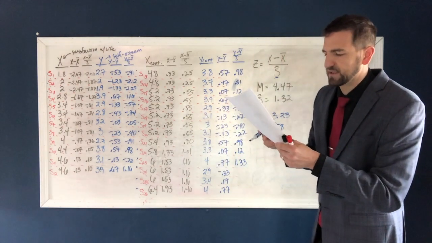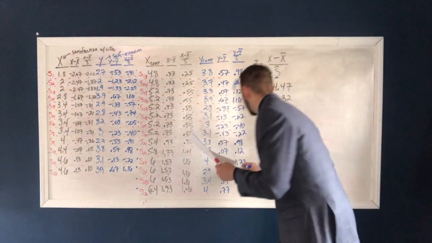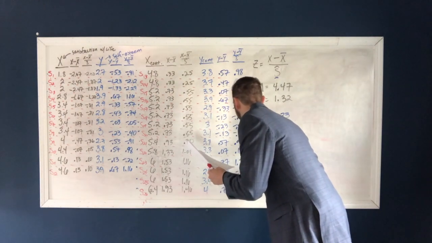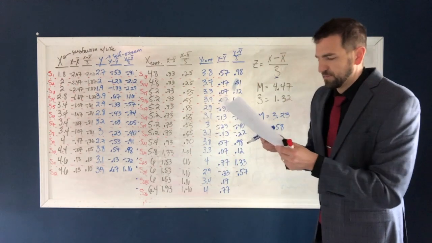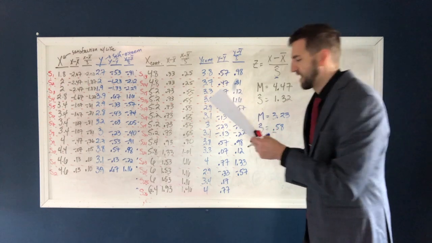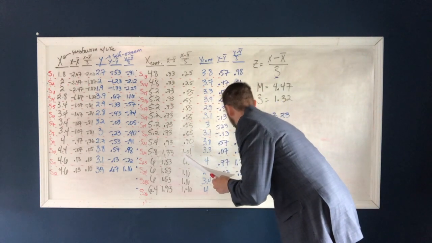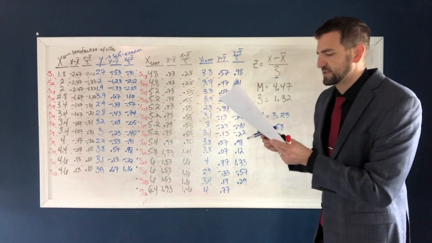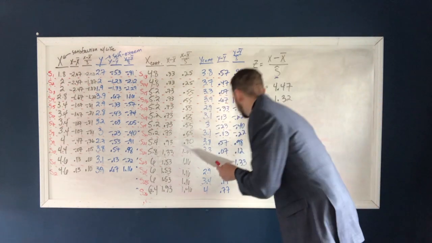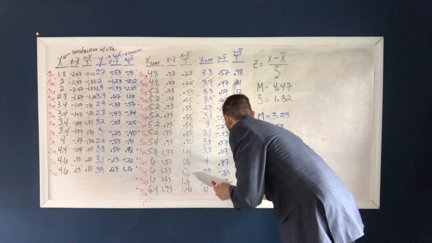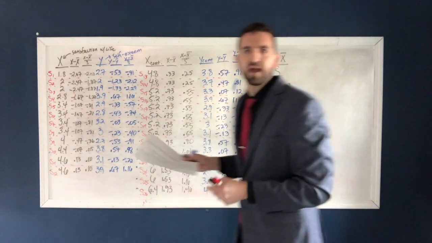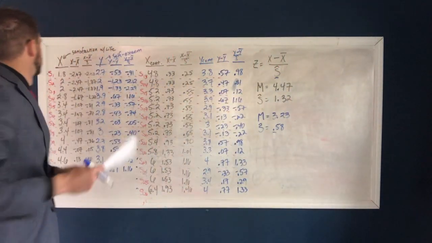Negative 0.33 divided by 0.58, we're going to get negative 0.57. 0.17 divided by 0.58, we're going to get 0.29. 0.77 divided by 0.58, we're going to get 1.33. I'm going to go ahead and check these, and then we can move on.